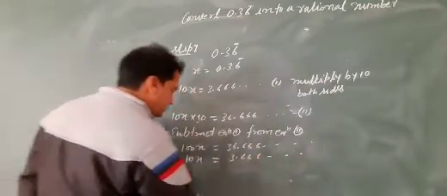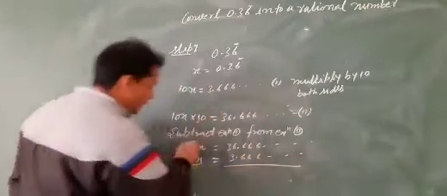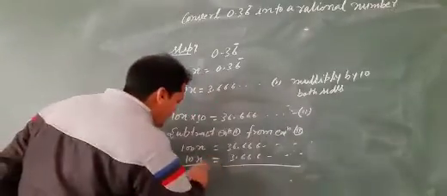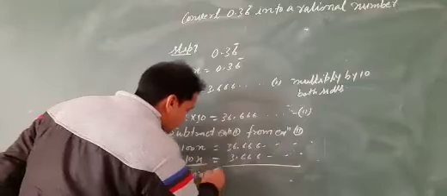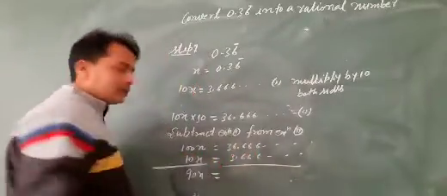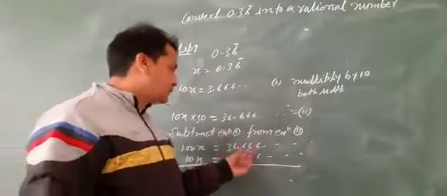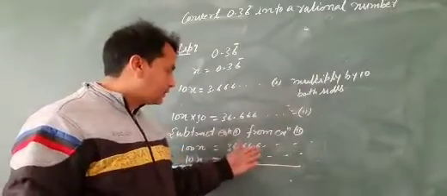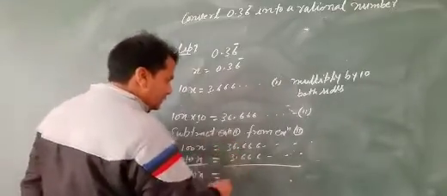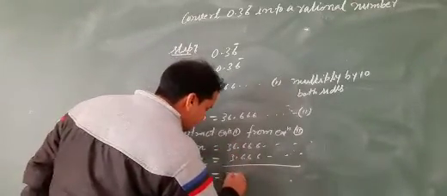Then 100x minus 10x is 90x. After the point the digits are the same, 6 repeated, so 36 minus 3 is 33.